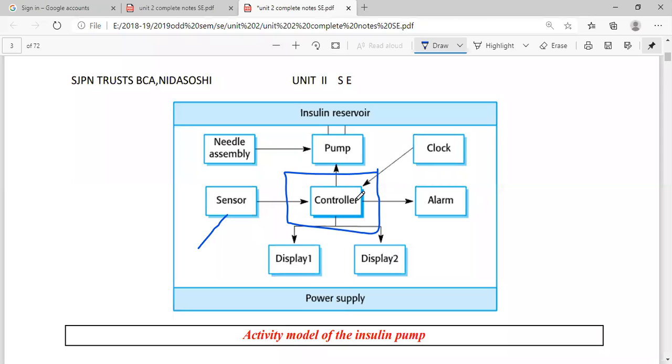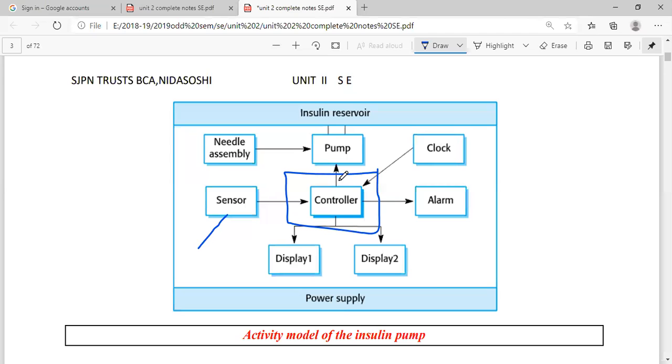Once you set that in the controller, the pump is going to provide the insulin with the help of a needle to the patient. So everything is controlled by the controller here. The controller plays a major role in this.